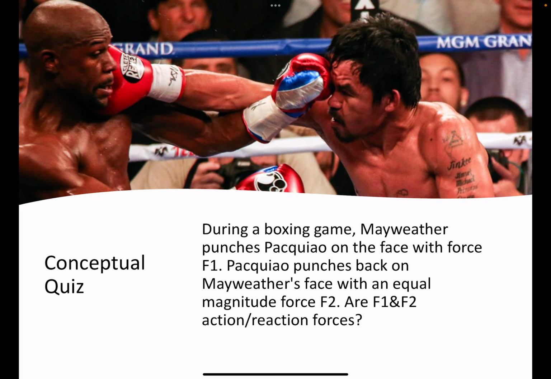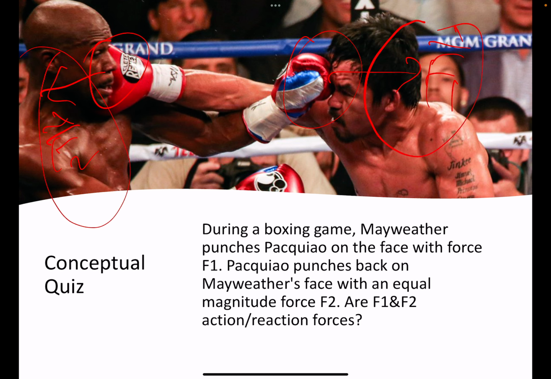Another quiz. During a boxing game, Mayweather punches Pacquiao on the face with force F1, and Pacquiao punches back on Mayweather with equal magnitude F2. F1, F2, action-reaction force, opposite direction and equal magnitude, are they?